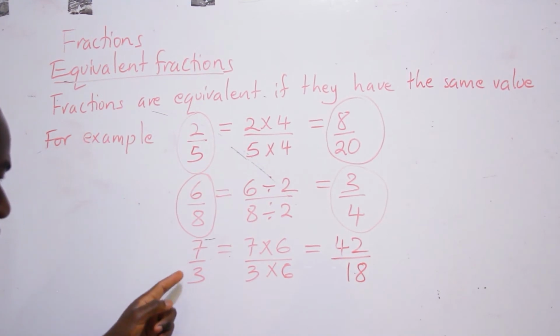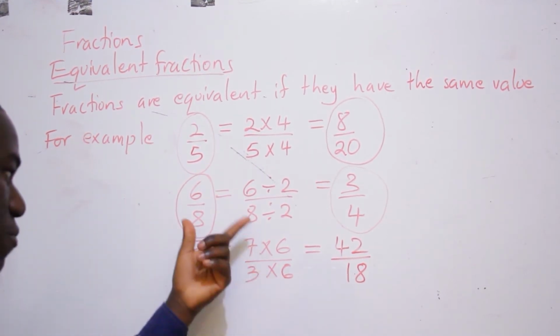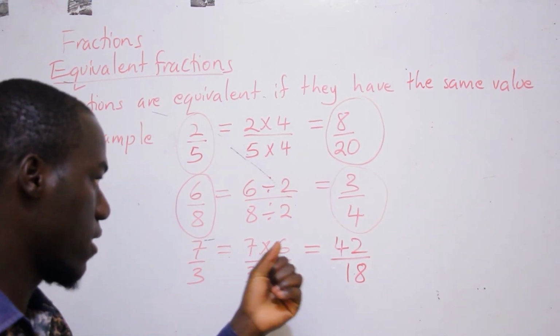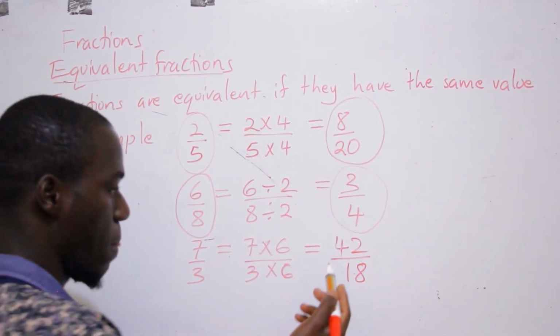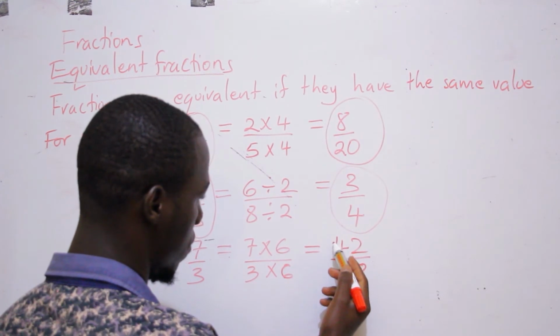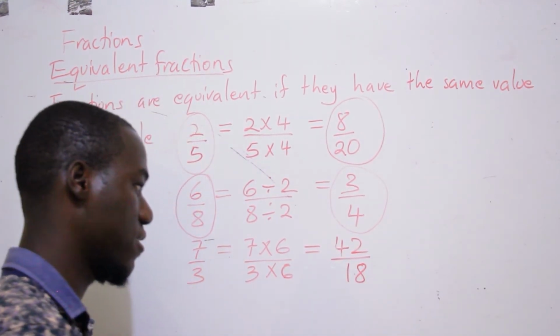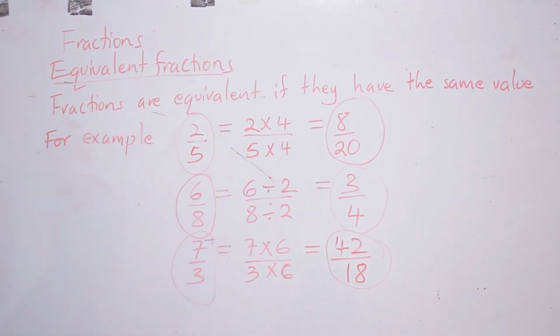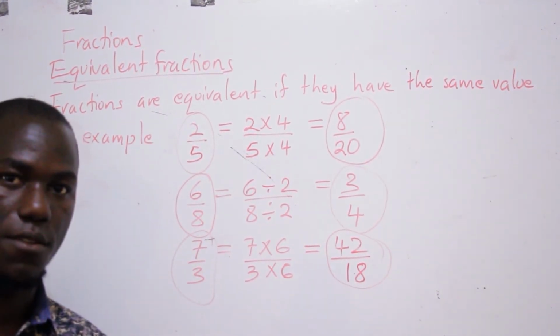Lastly, 7 all over 3, when I decide to multiply the numerator and the denominator by 6, that means that I'm having 42 all over 18. So 42 all over 18 is equivalent to 7 all over 3.